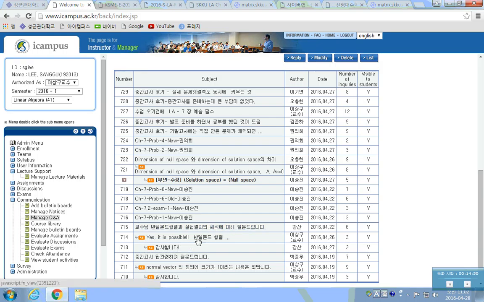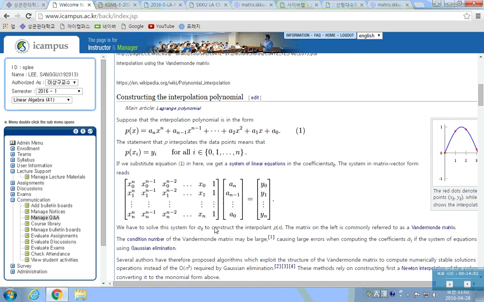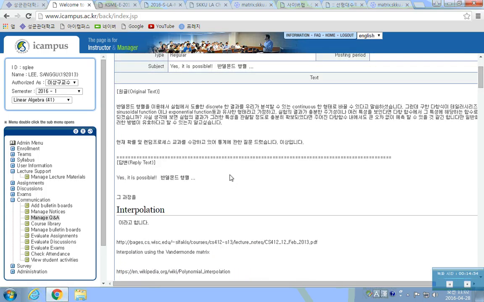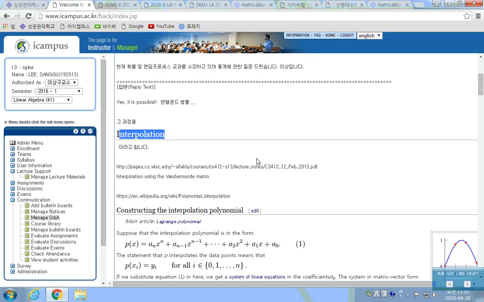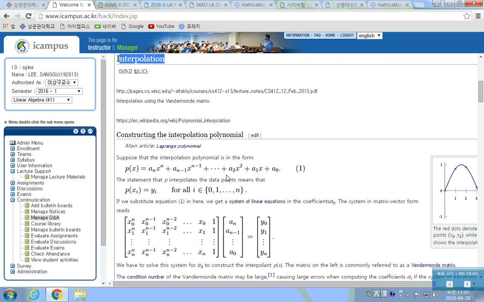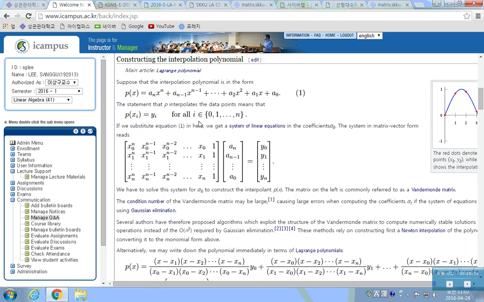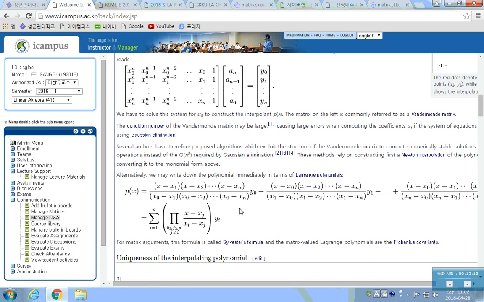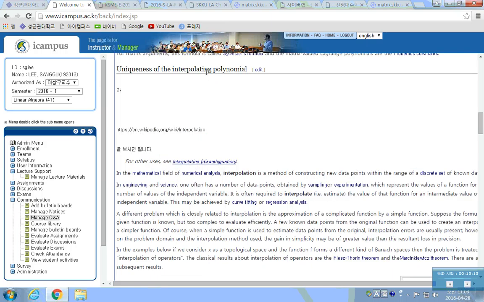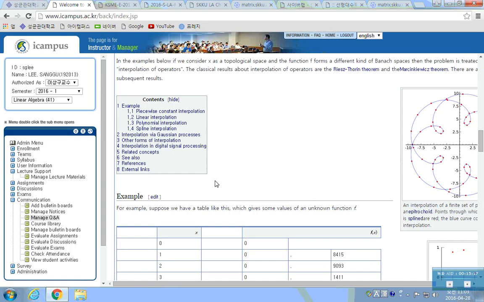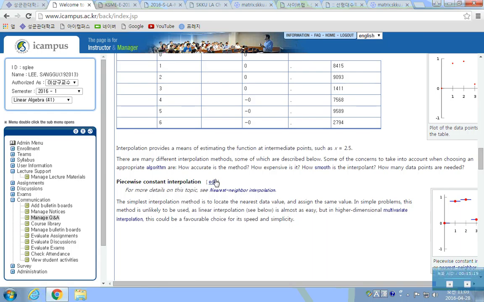And also for the Vandermonde matrix, the Vandermonde matrix was used for interpolation problems, and I gave some information on the interpolation, which means you can find the polynomial that passes through the points of yours. And there are several techniques that can improve those.